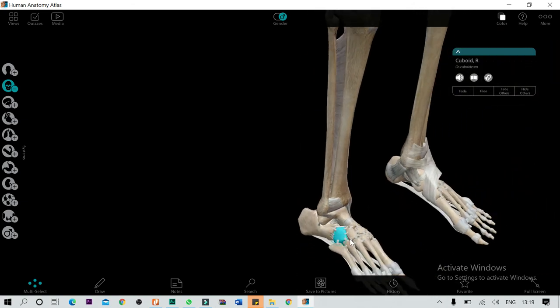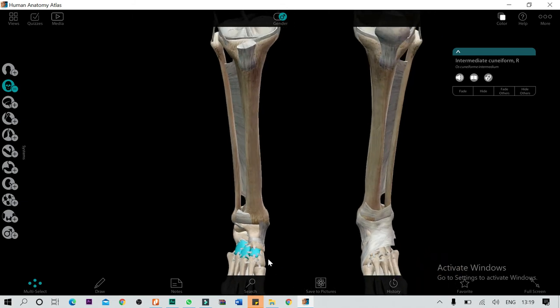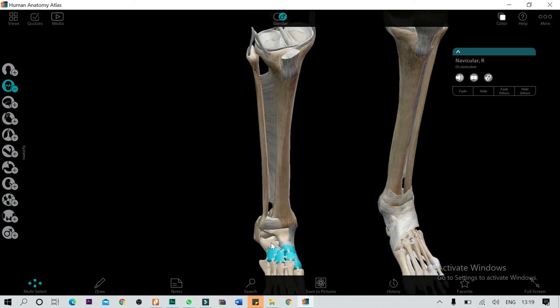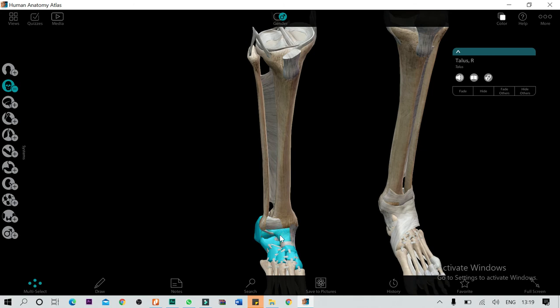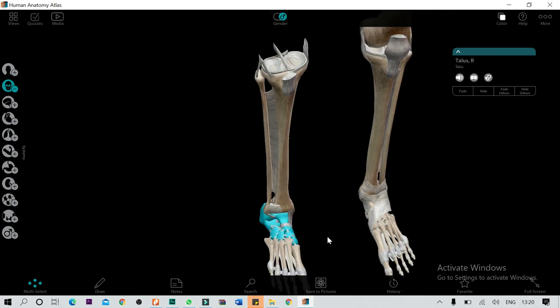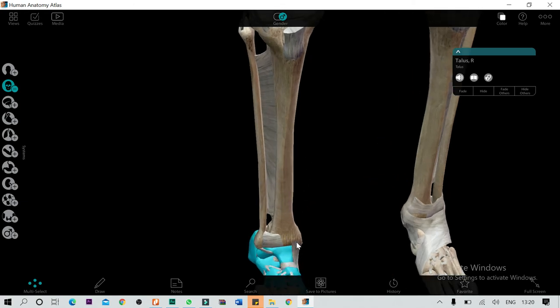So this is the cuboid, this is the second cuneiform, lateral, this one is the cuneiform, intermediate, this one is the cuneiform medial, this is called the navicular, this one is the calcaneus, and this is the talus. So these 7 bones, 1, 2, 3, 4, 5, 6 and 7, are the tarsal bones.